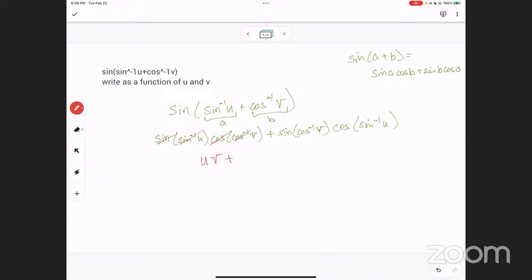As a function of u and v, I mean, that kind of is already a function of u and v. You know what I'm saying? I'm not sure what they want us to do, so I'm trying to think of how I can simplify this some more. So this is the angle whose cosine is v, and we're taking the sine of that angle.